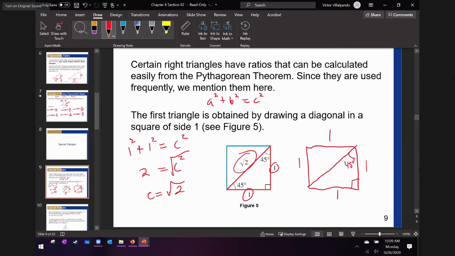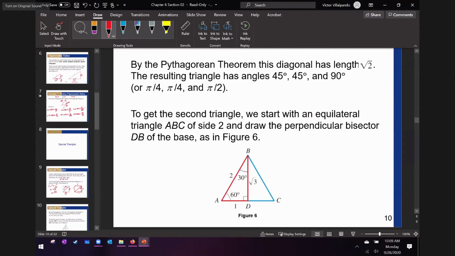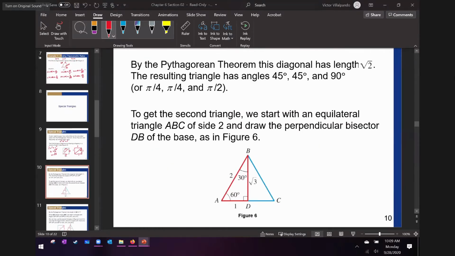So here's our 45, 45, 90 triangle. By the Pythagorean theorem, this diagonal has a length of square root of 2. The resulting triangle has angles of 45, 45, and 90 degrees, or in radians, pi over 4, pi over 4, and pi over 2.